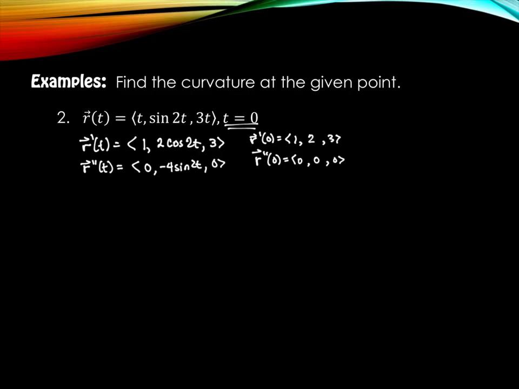Okay. So then we're going to find the magnitude now of R prime of 0. So we have the R prime of 0 over there on the right-hand side. So I have 1 squared plus 2 squared plus 3 squared, which gives me the square root of what? 14.